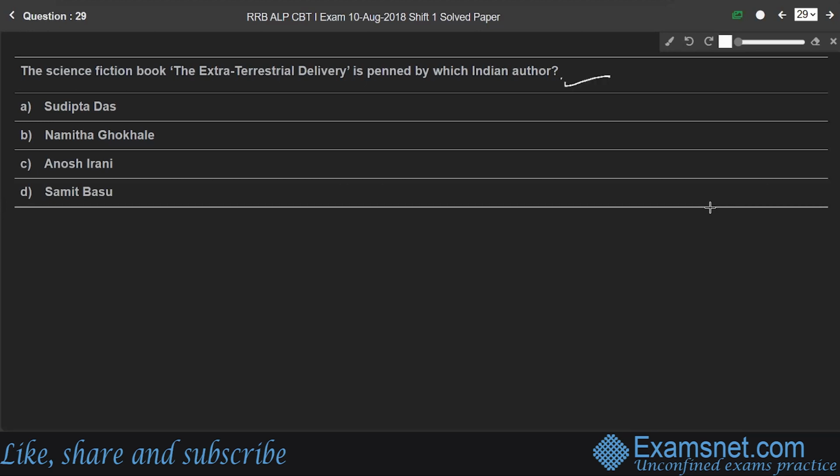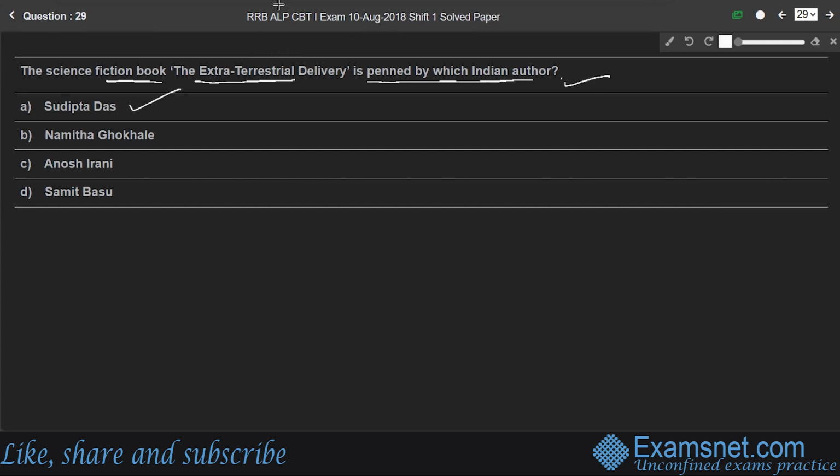Question 29. The science fiction book The Extraterrestrial Delivery is penned by which Indian author? The science fiction book The Extraterrestrial Delivery is penned by Sudipta Das. Option A is the right answer.